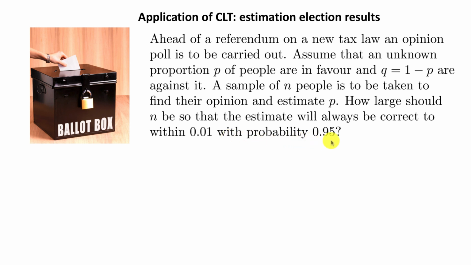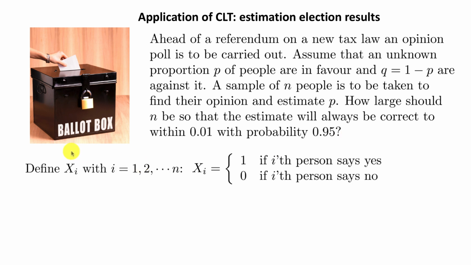Now, of course, the more people you take, the more accurate will be your polling, but we are asked what is n, the minimum value of n, so that we can get this poll correctly to this accuracy with this probability.